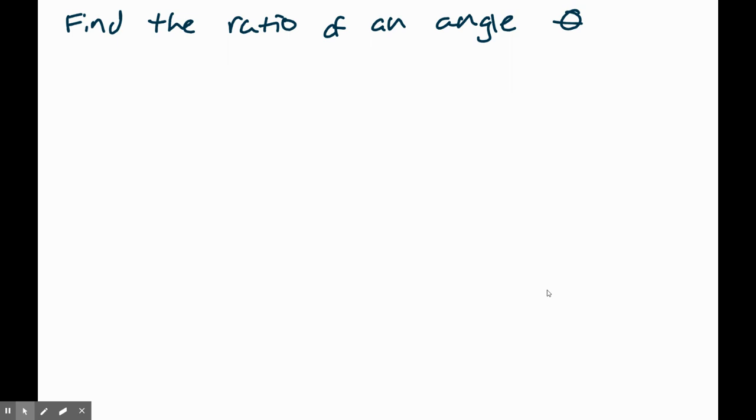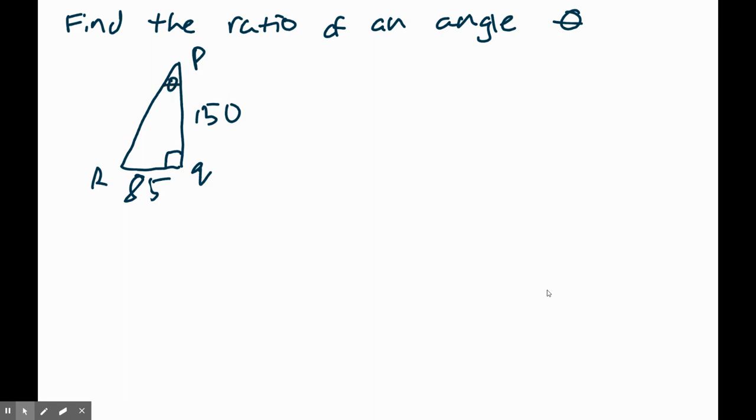So we want to find the ratio of an angle theta. We're given the right triangle P, Q, R, and right here is 150. Here is 85. So positive 85, not a negative.